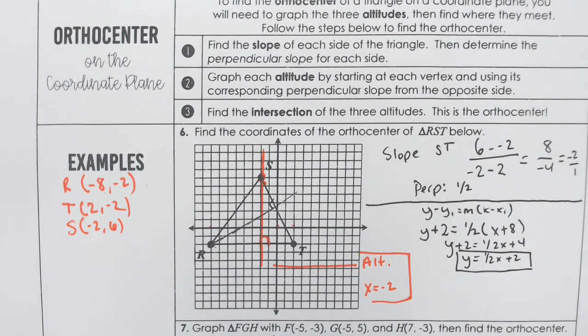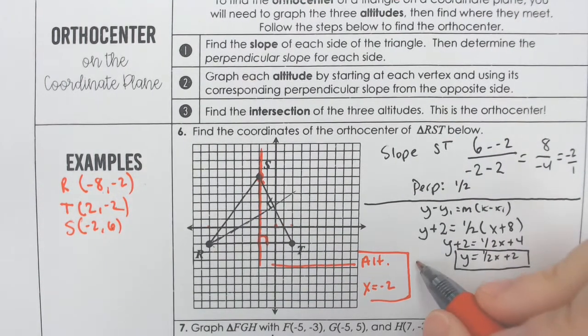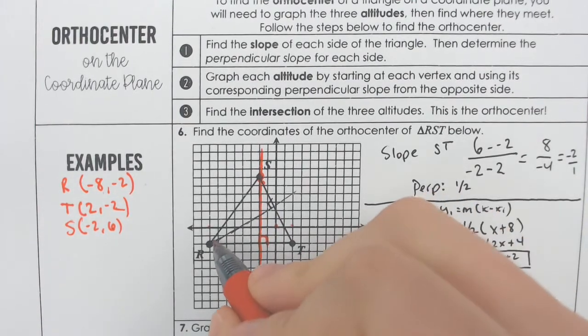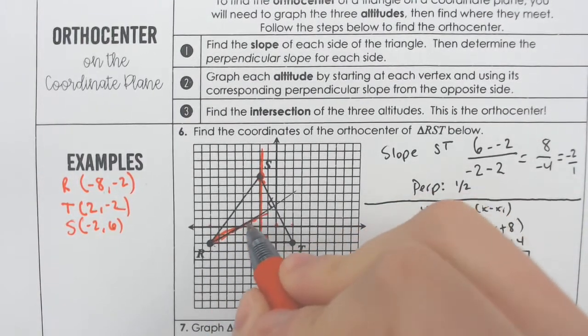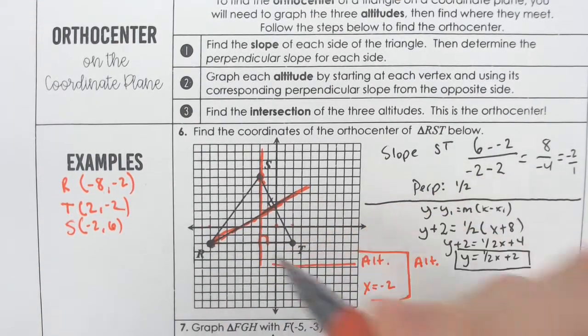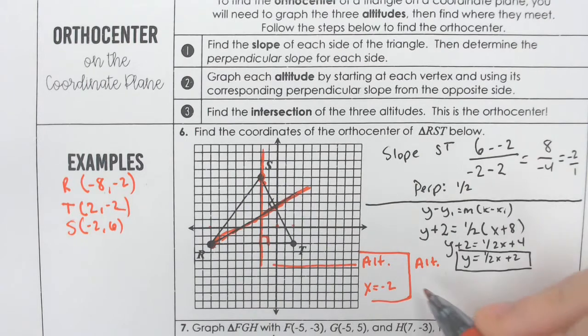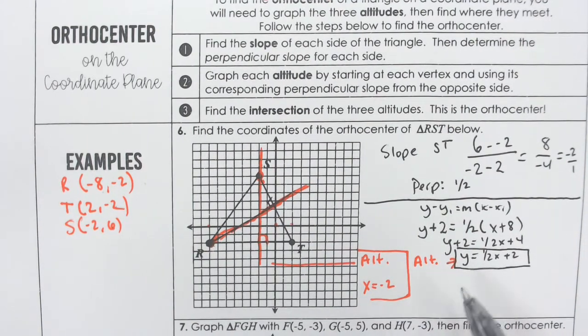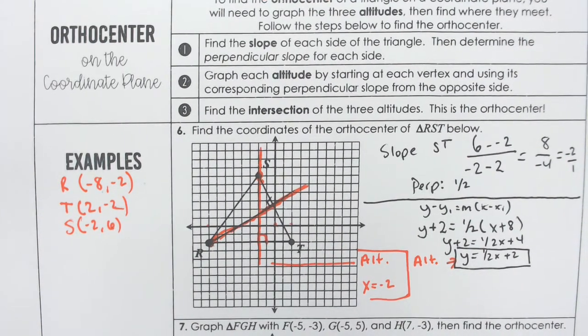So that right there, ladies and gentlemen, is the altitude of this line right here that happens to be perpendicular to ST, and it is going through point R. So I was pretty close before. We got the altitude of 1/2 x plus 2. From this point, we want to set these two equations equal to each other and solve via elimination or substitution.